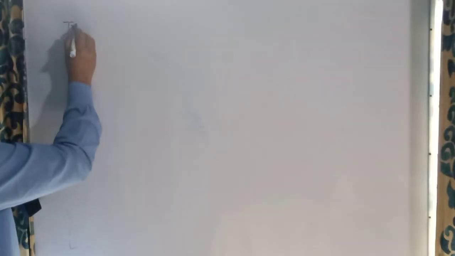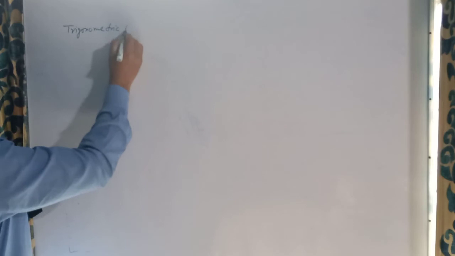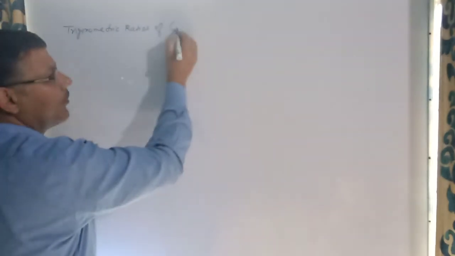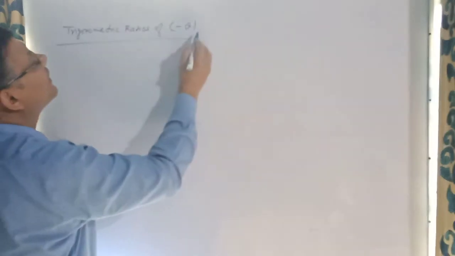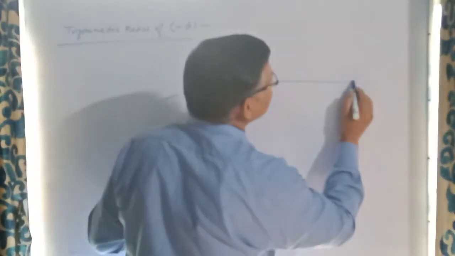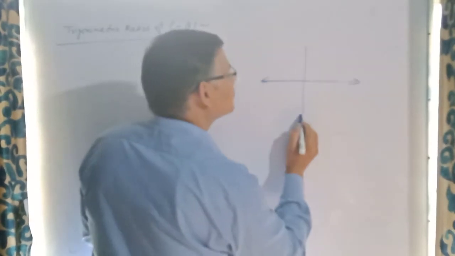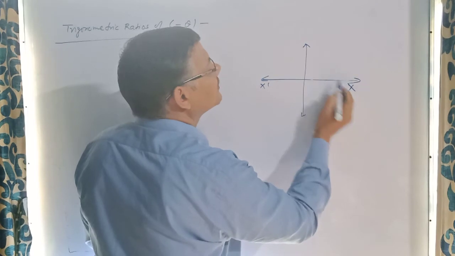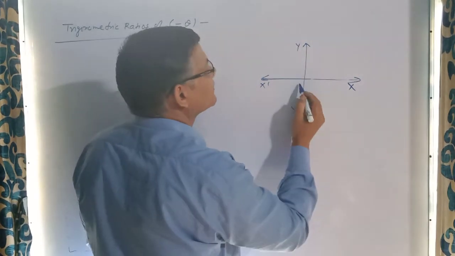Now, trigonometric ratios of what? Minus theta. Again it is very easy and important. Just take two axes, x dash, x, y, y dash, and the origin.